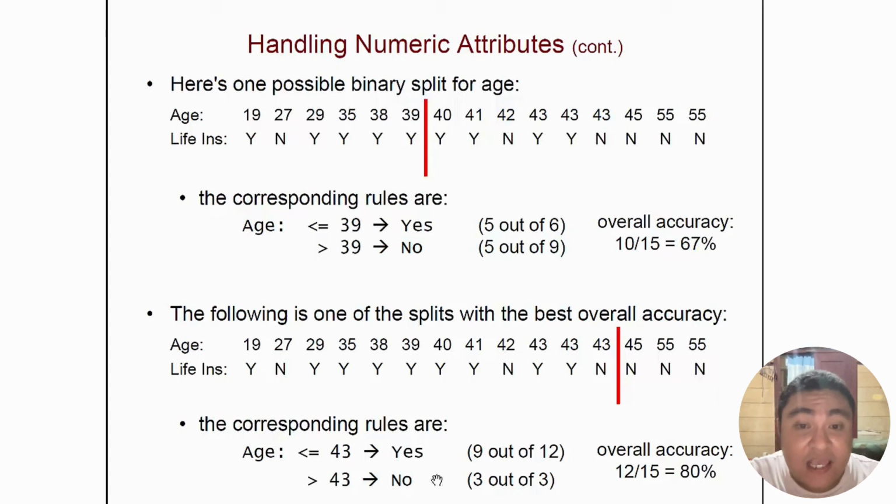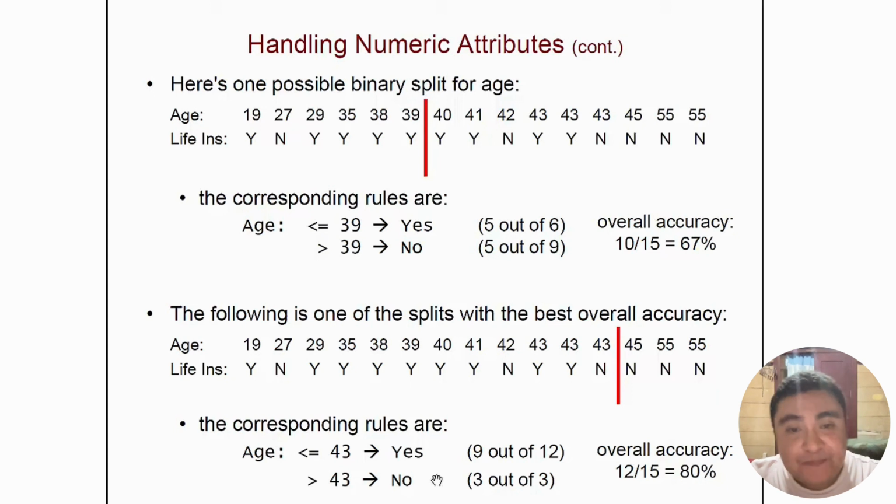But luckily, with this kind of data, this split really is a good one, because out of 12 you got 9 as the majority. And the second split did get the total majority, which is 3. So if you compute its accuracy, it's 9 plus 3, that's 12, divided by 15, that's 80% accuracy.